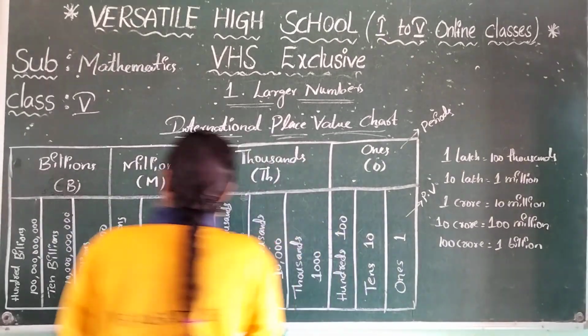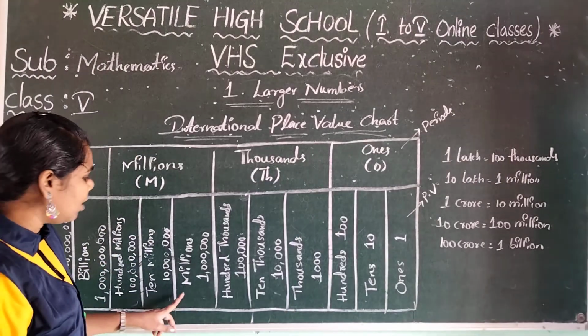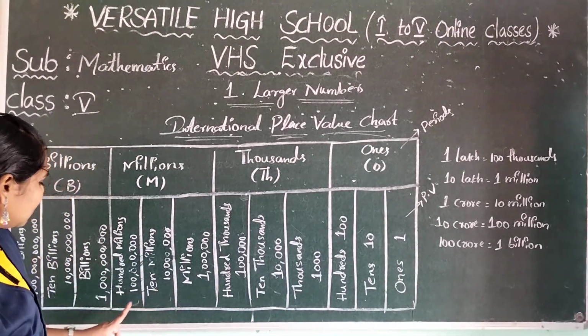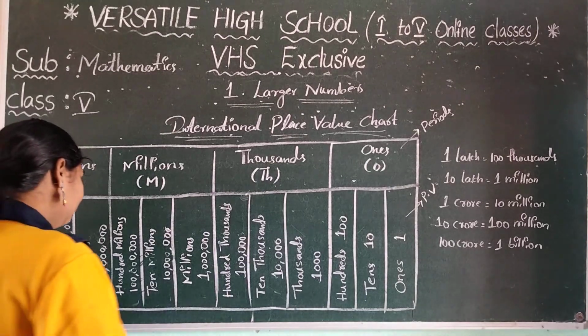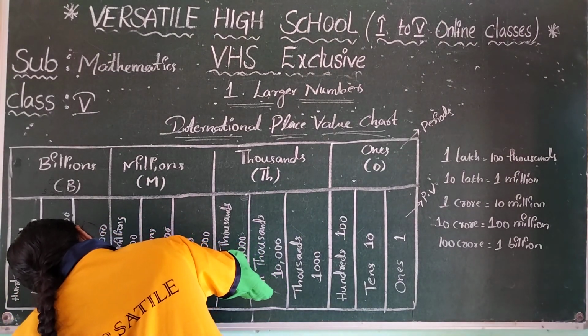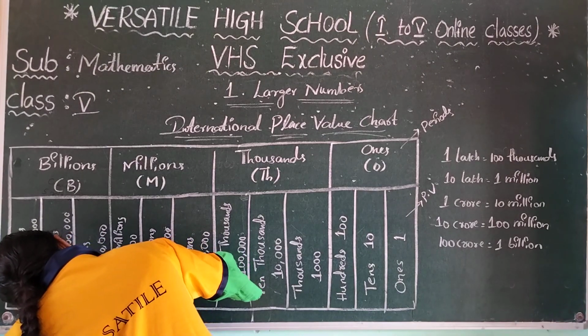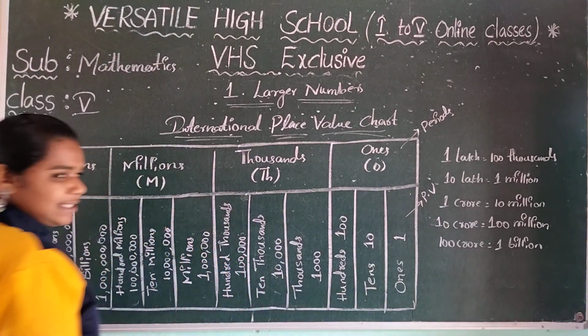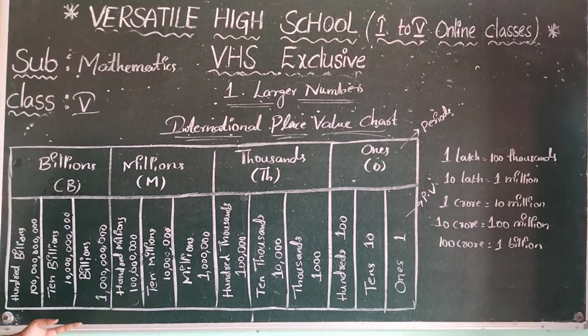Next, millions period also has 3 place values: million, 10 millions, 100 millions. Next, billions period also has 3 place values: billions, 10 billions, 100 billions.